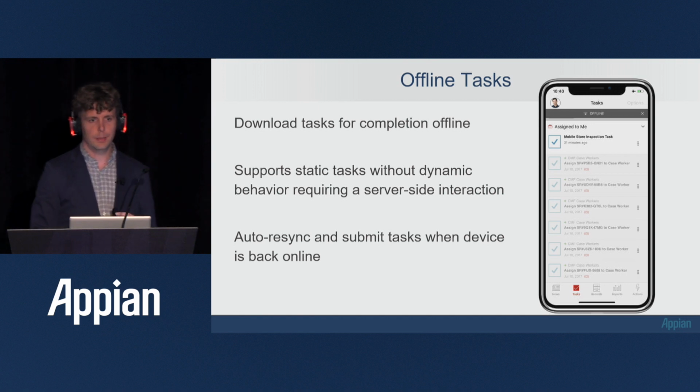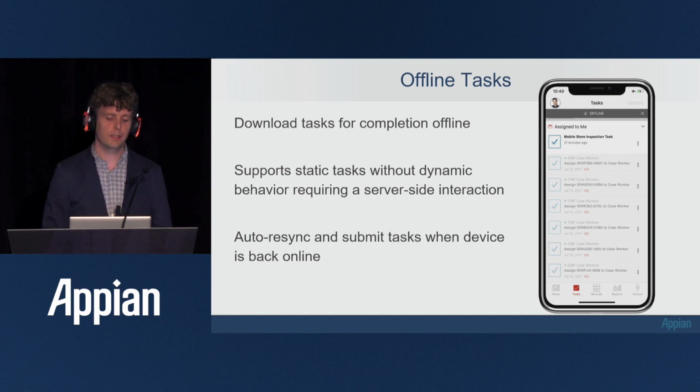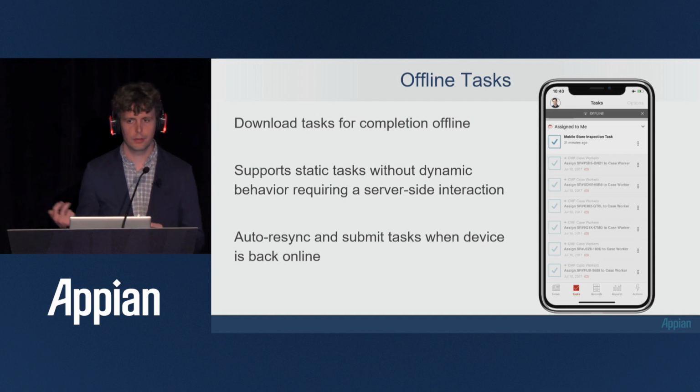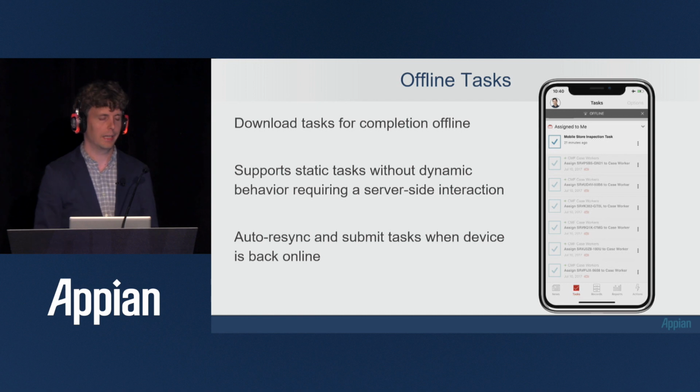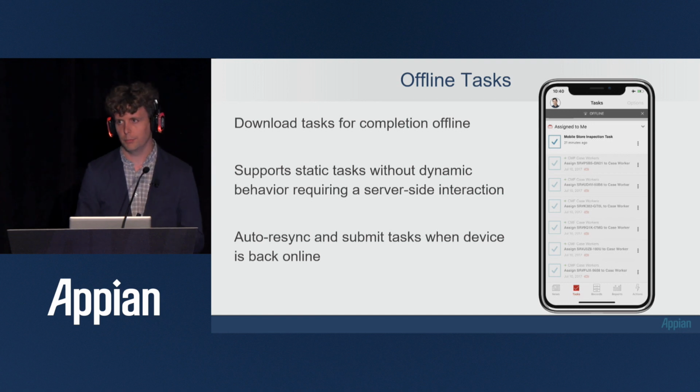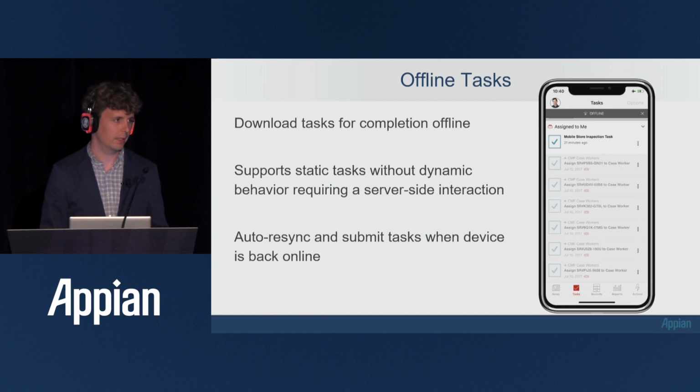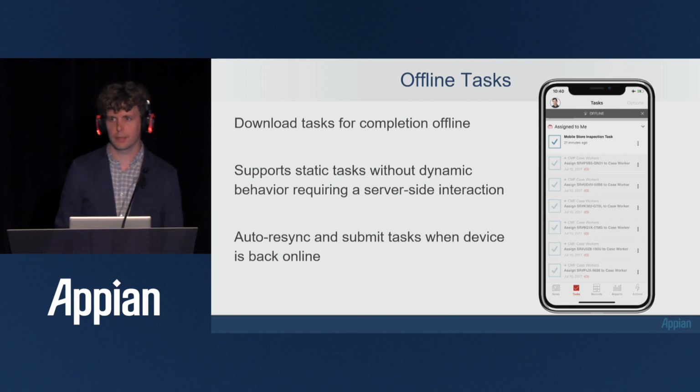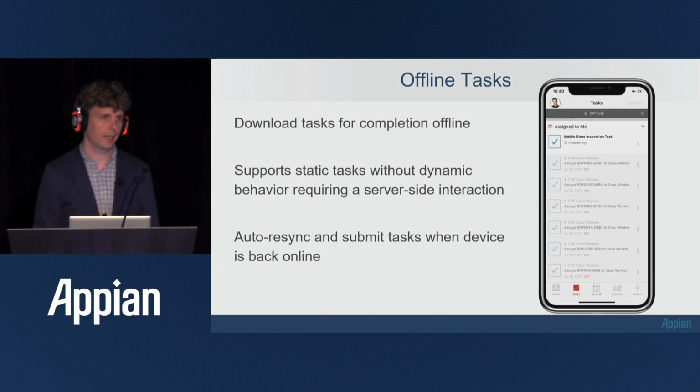We've had a lot of offline capabilities, but new in 19.2, we have the ability to, while you're online, have the mobile phone automatically download any mobile-enabled, or offline-enabled, I should say, tasks, and store them locally on the phone. And that means that while offline, you can access your task list, fill those out, queue them for submission, and then when you go back online, it will submit them on your behalf.